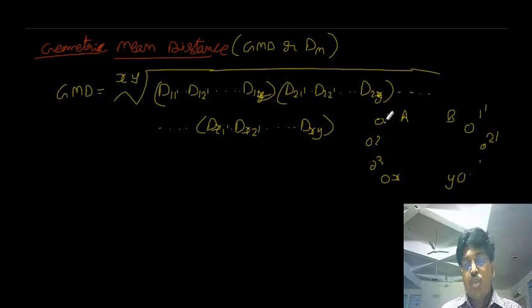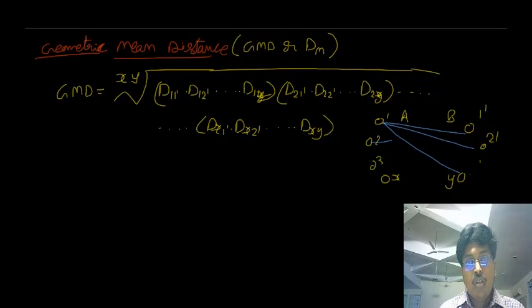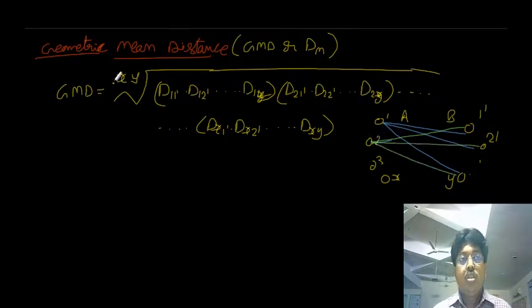That is the distance between one strand of conductor A, that is conductor 1, to each strand of conductor B: 1 1 dash, 1 2 dash, so on 1 y. Similarly, 2 1 dash, 2 2 dash, the distance between 2 to y, and these are so on.